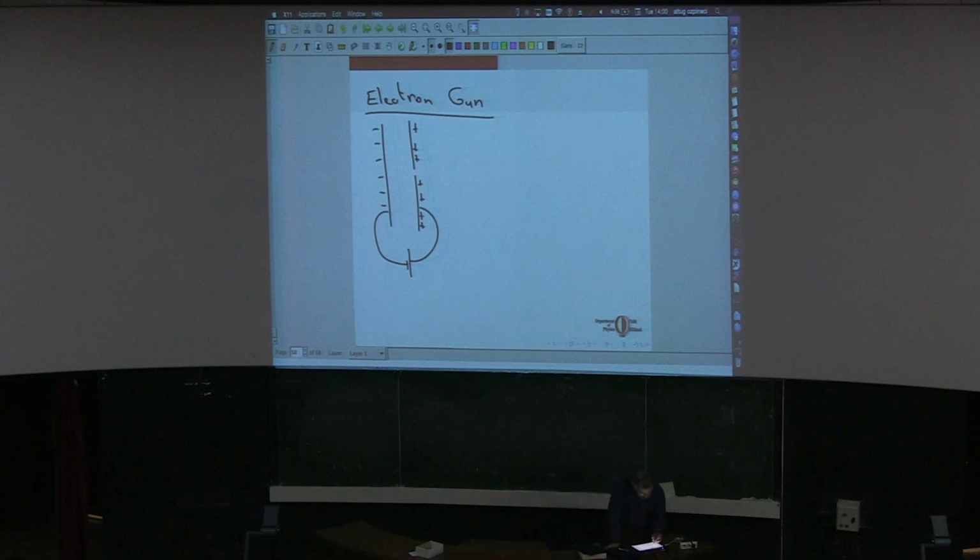And if you put some electron over here, so there's an electron over there, what will be its motion? Well, of course, what's the direction of the electric field inside these two plates? From the positive to the negative.